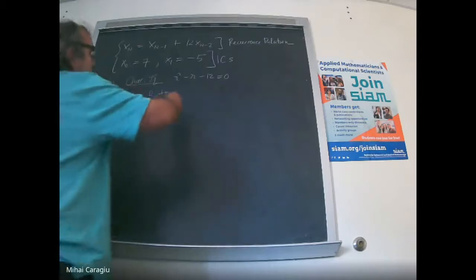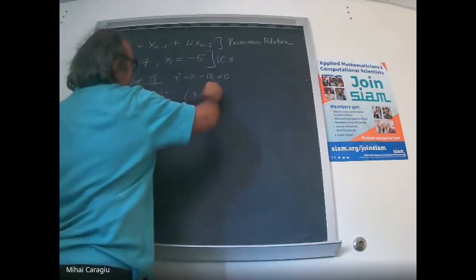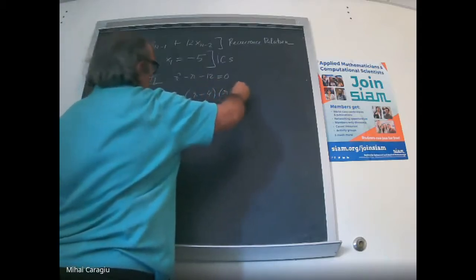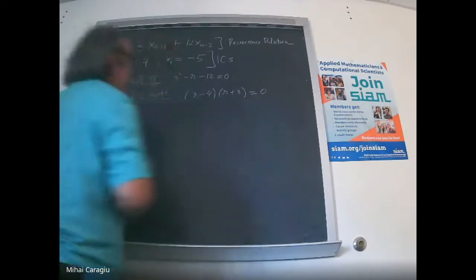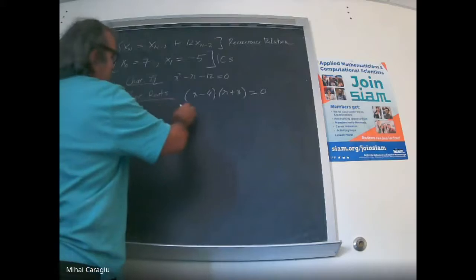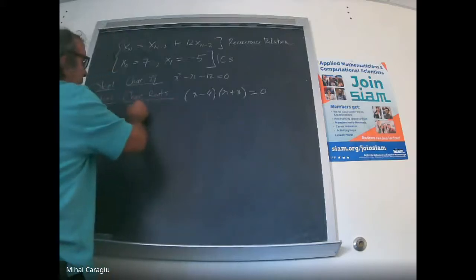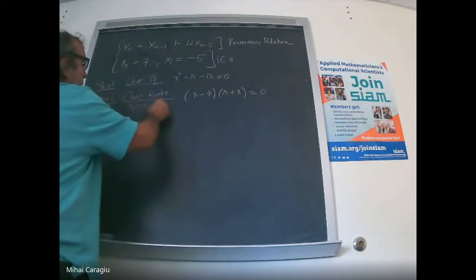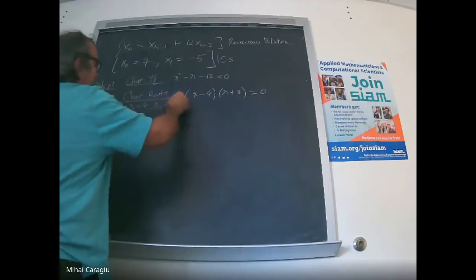In this case, it's quite easy to factor. It is r minus 4 times r plus 3 equals 0. So that's r squared minus r minus 12 in factored form. So the characteristic roots are r1 equals 4 and r2 equals minus 3.